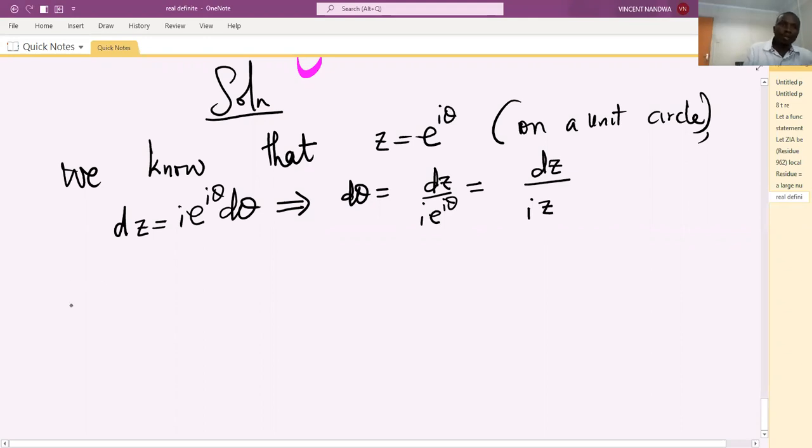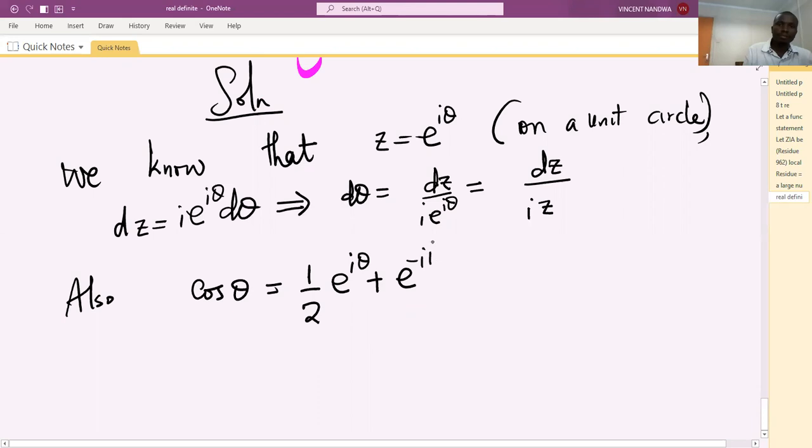And then also, cosine of theta is given by 1 over 2 times e raised to the power i theta plus e raised to the power minus i theta, which is the same thing as saying 1 over 2 into z plus z raised to the power negative 1.